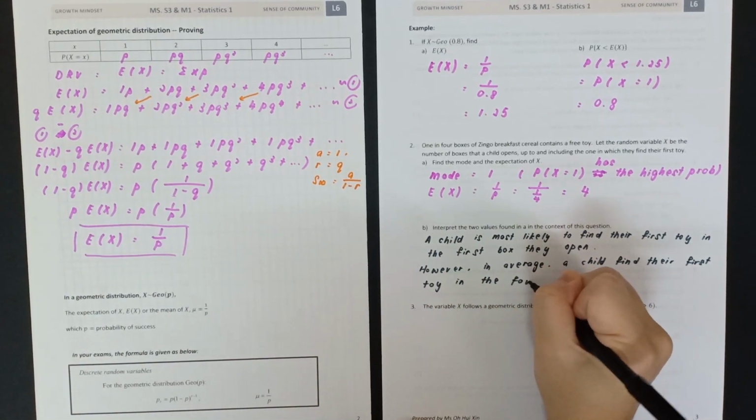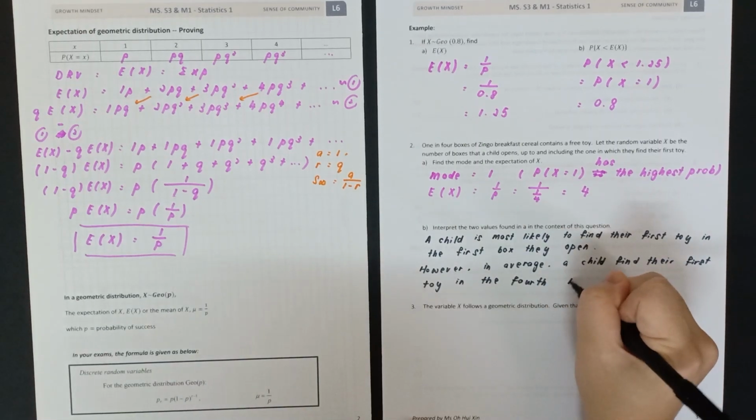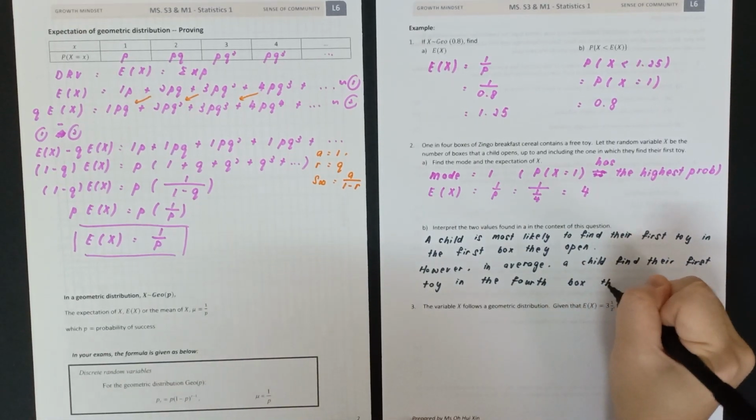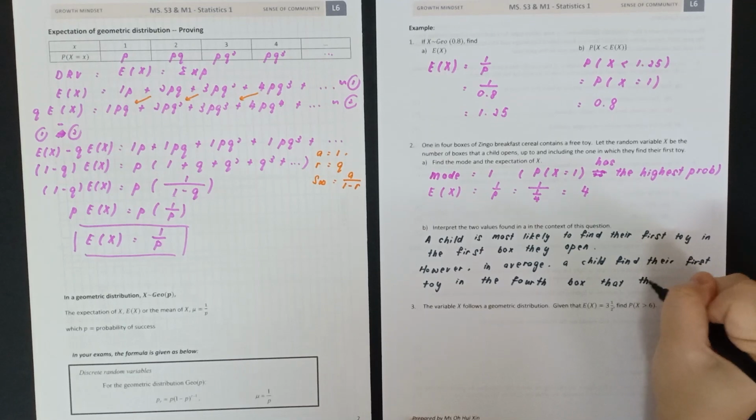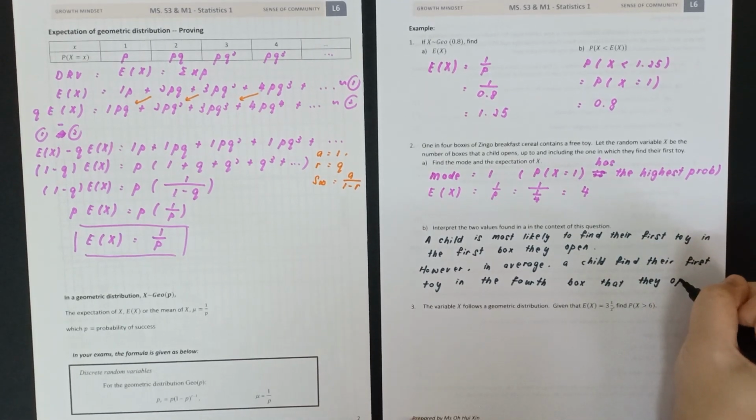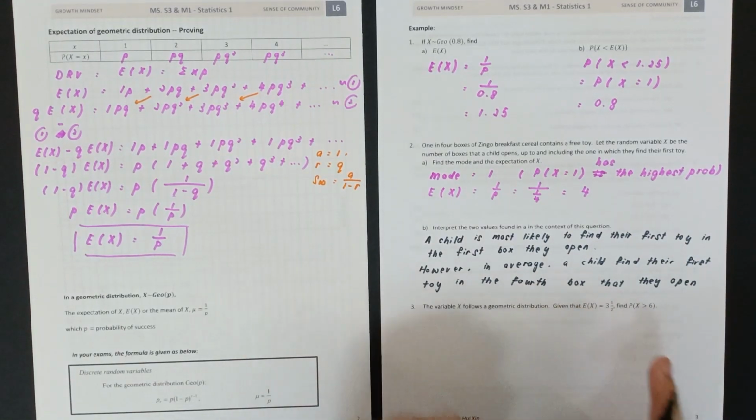This is what is meant by the mean or the expectation is 4. So although in terms of probability a child is most likely to find their first toy in the first box they open, the expectation or the mean tells us that on average, a child only finds their first toy in the 4th box that they open.